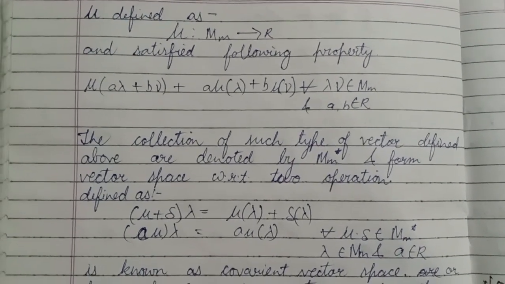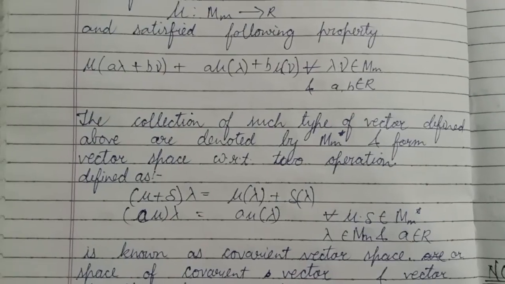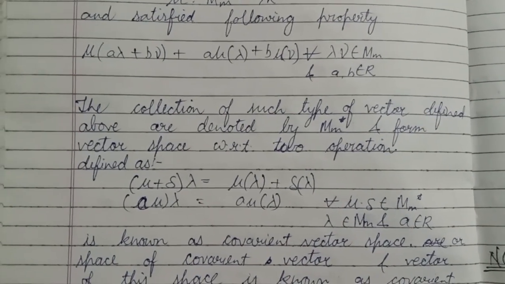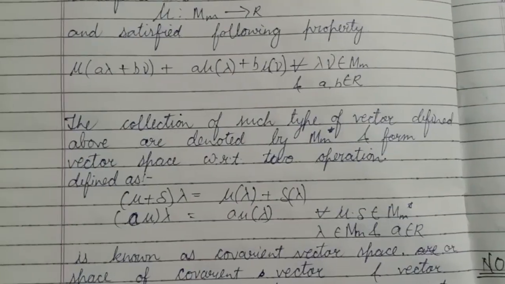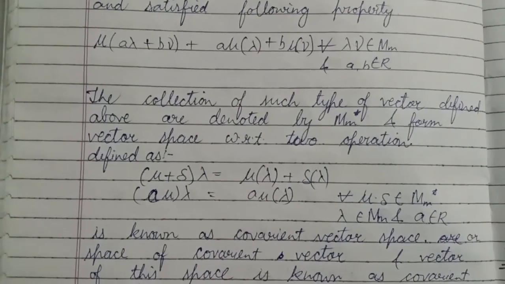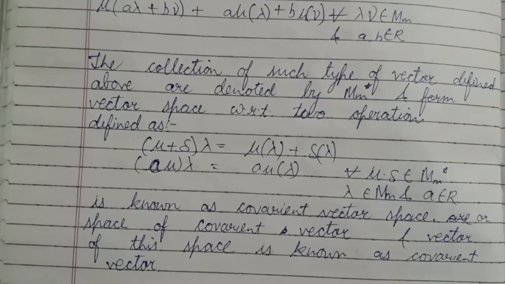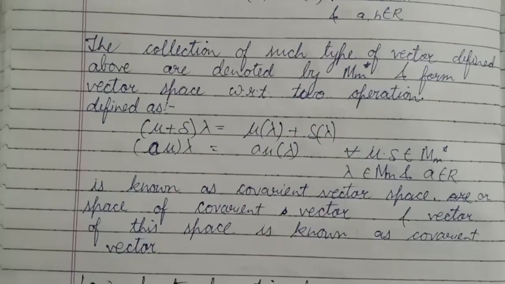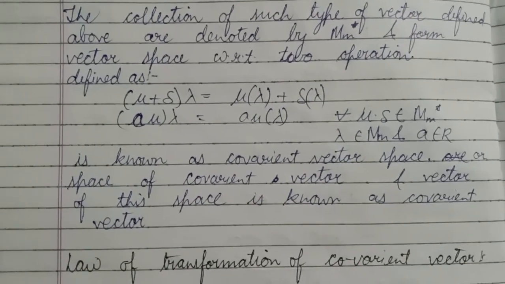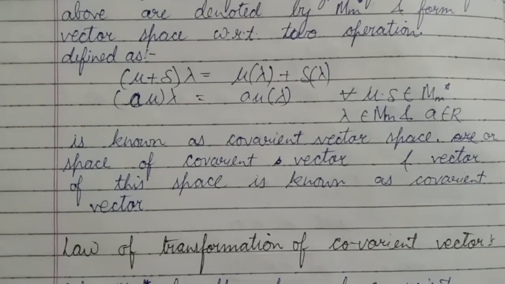The collection of such vectors defined above is denoted by the star and forms a vector space with respect to two operations, defined as mu plus delta into lambda equal to mu lambda plus delta lambda, and the second operation is also given. This is known as covariant vector space or space of covariant vector, and a vector of this space is known as covariant vector.